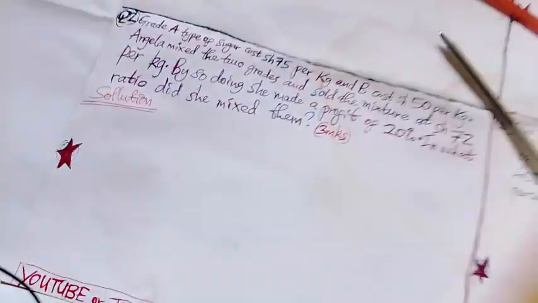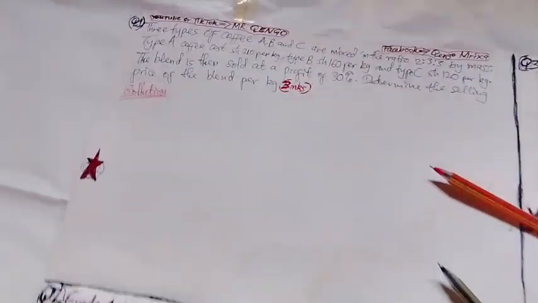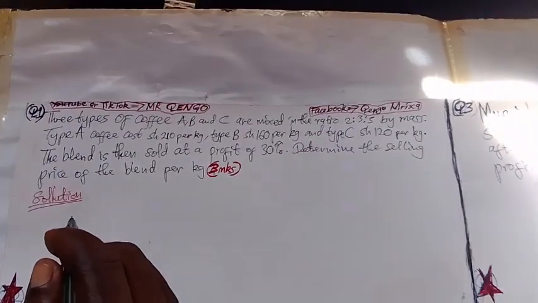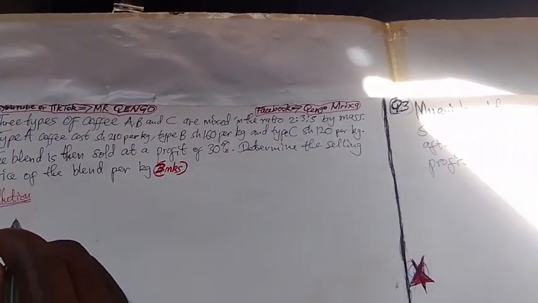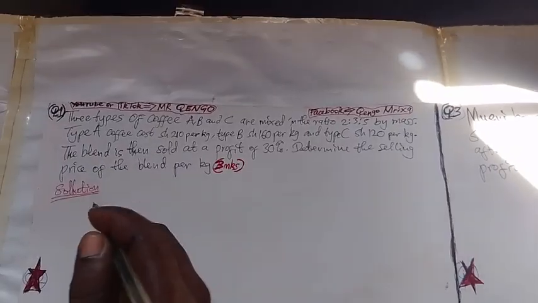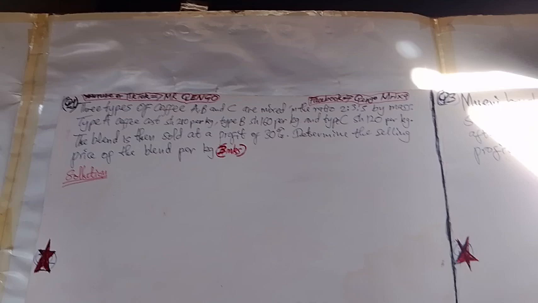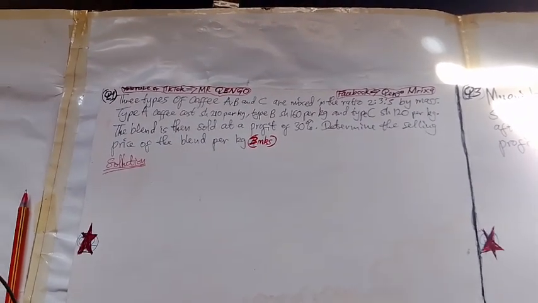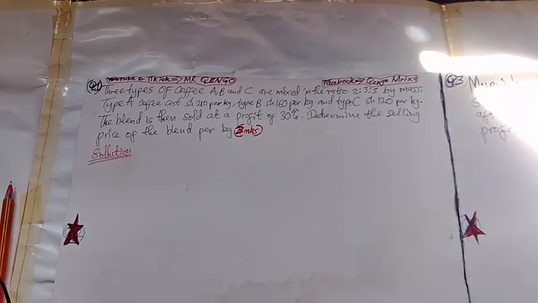Okay, we are going to now solve the questions. Question number one states that 3 types of coffee, A, B and C, are mixed in the ratio 2:3:5 by mass. Type A coffee costs shillings 210 per kilogram.